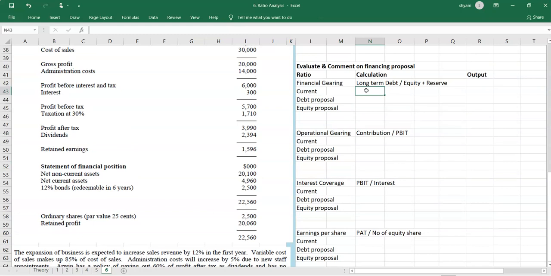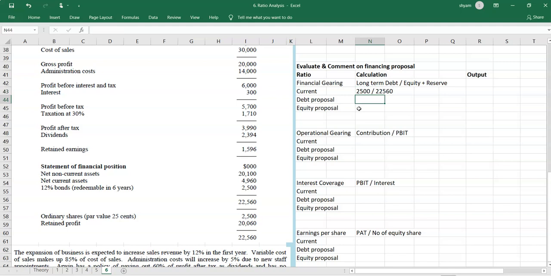Okay, so what is the current long-term debt? The long-term debt is this number. So we have that 2,500 divided by equity and reserve. So equity and reserve put together are this number, 22,560.